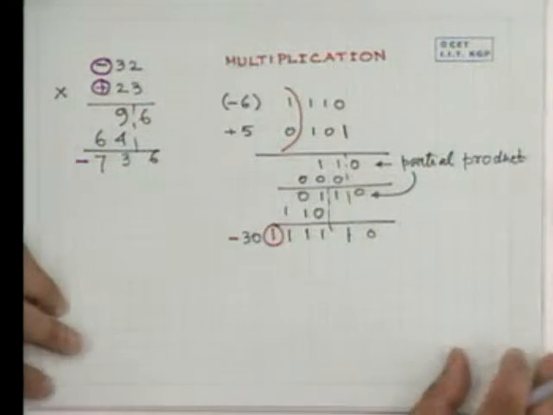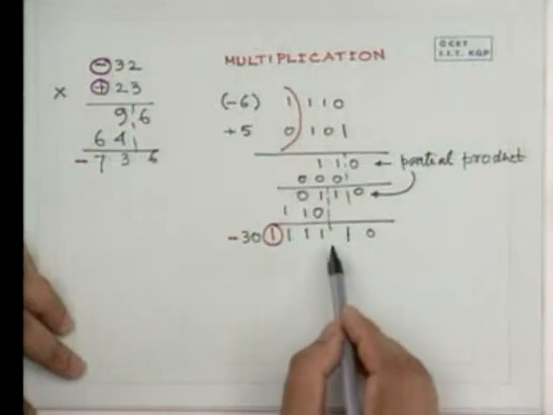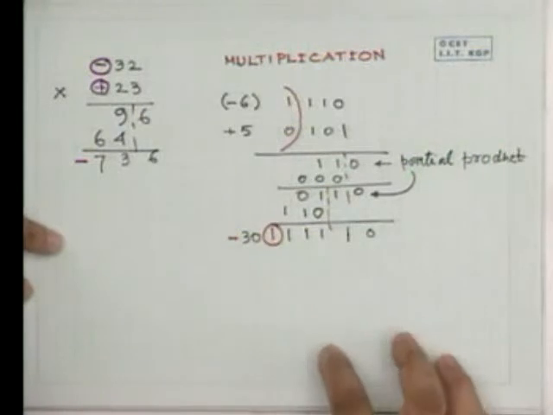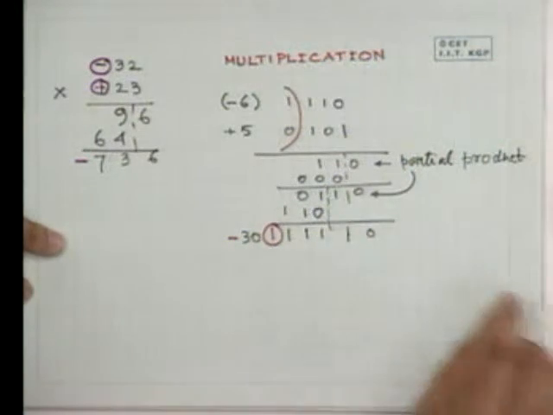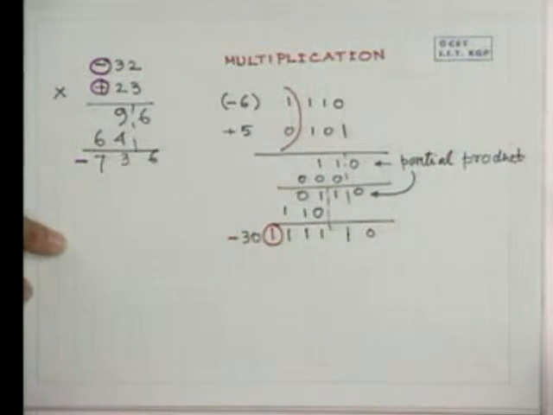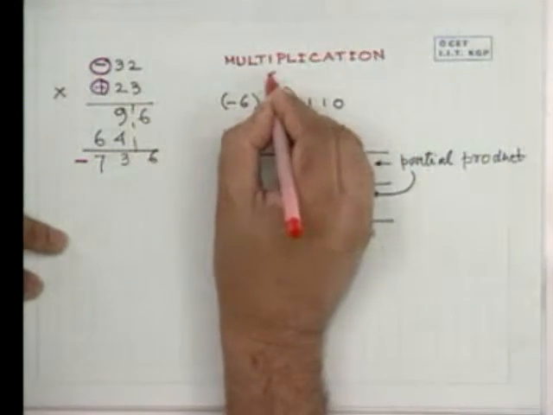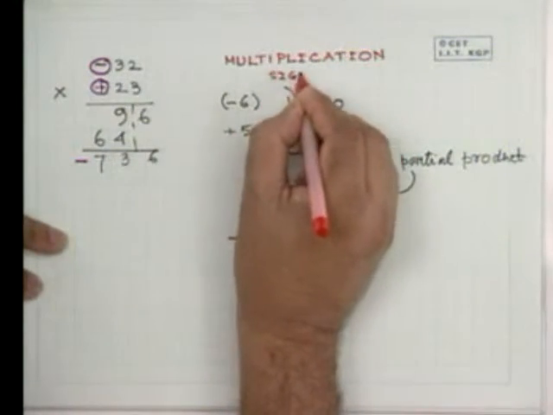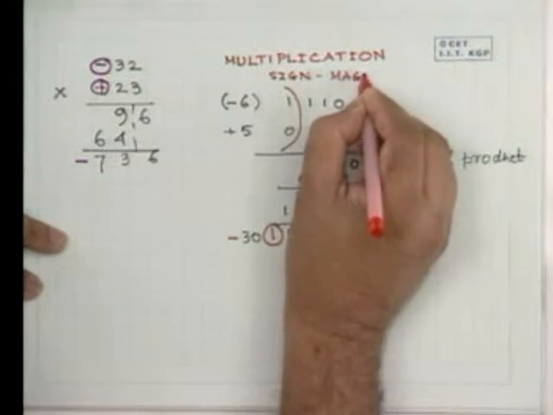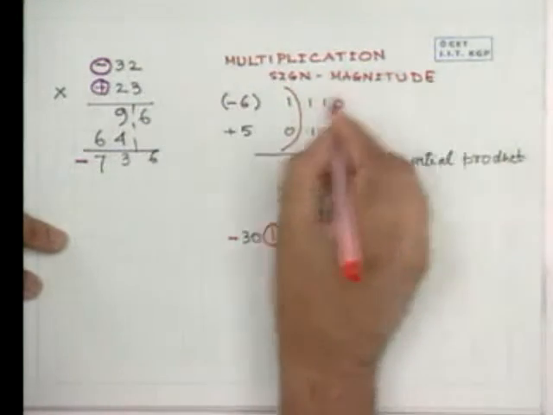Now let's see what basic hardware is needed to do multiplication in this way. That means addition and shifting are the two operations that we need. We are talking right now about multiplication in the sign magnitude representation.